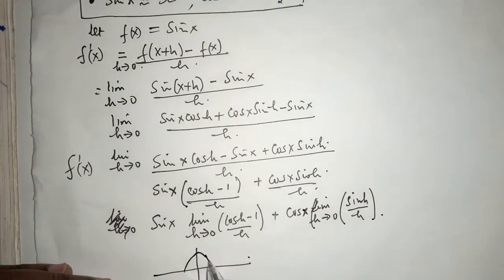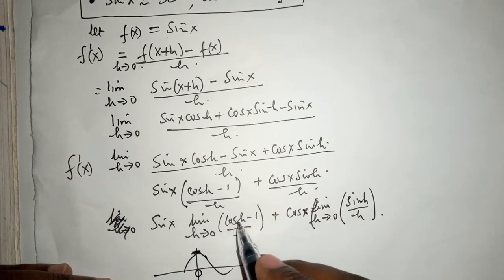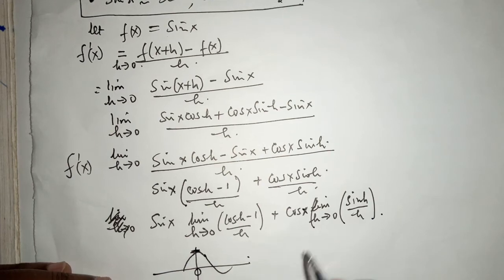This is the cosine graph. As x approaches 0, the cosine is simply 1. So the cosine of 0 is 1 as h approaches 0. So we are going to have 1 minus 1, which is 0, and 0 divided by anything is simply 0.